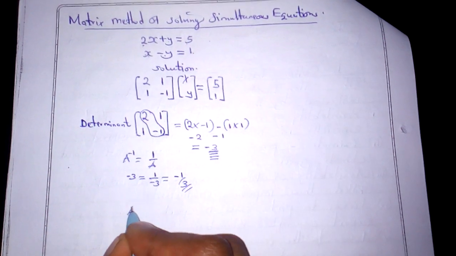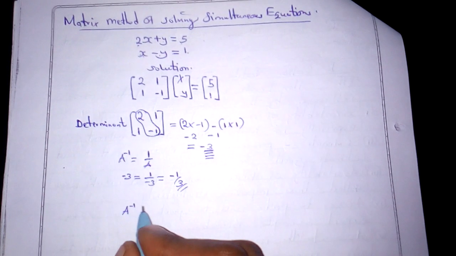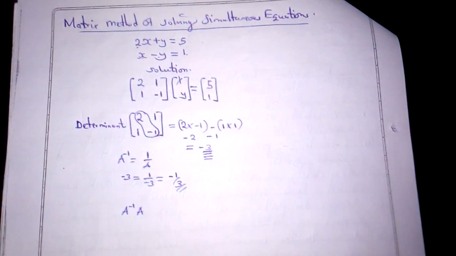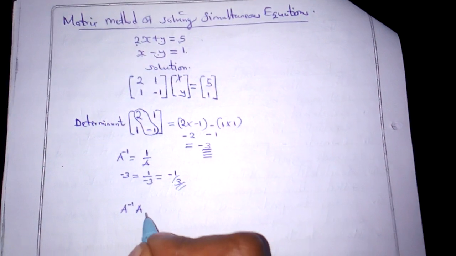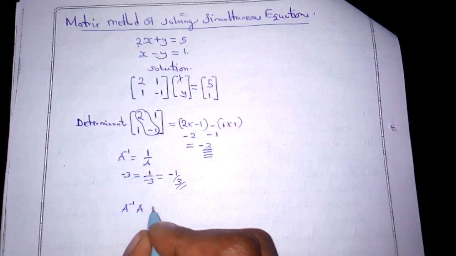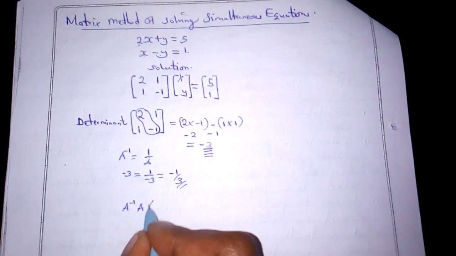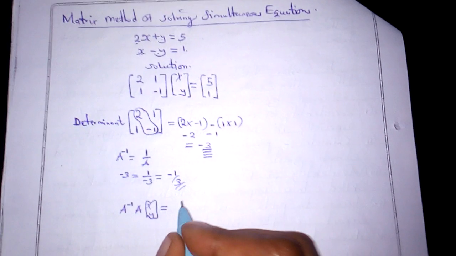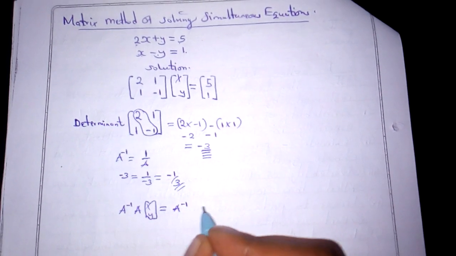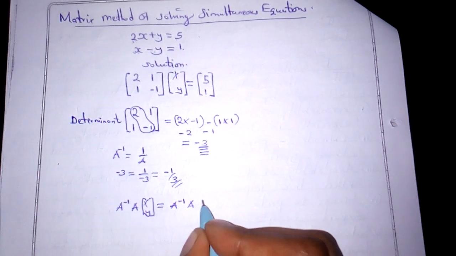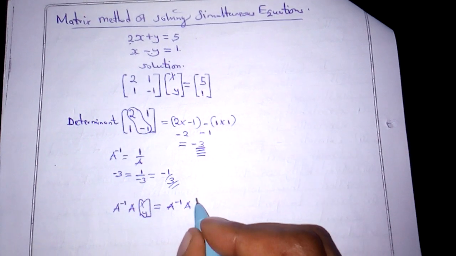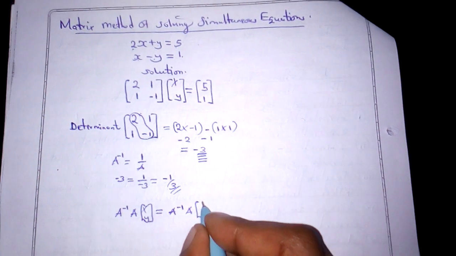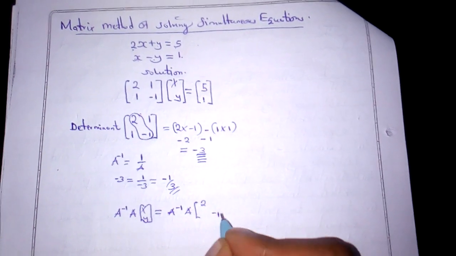So when you say the inverse times a, multiplying with x, y here should be the same as a inverse times what we have here.